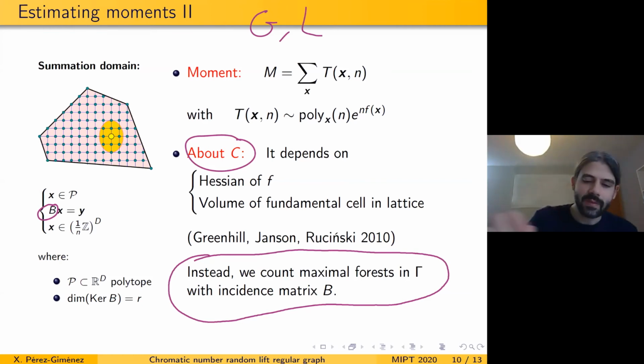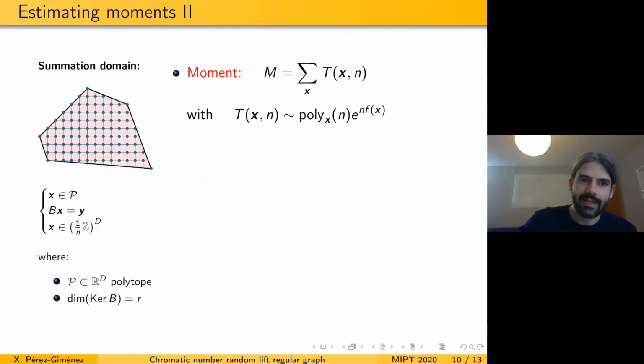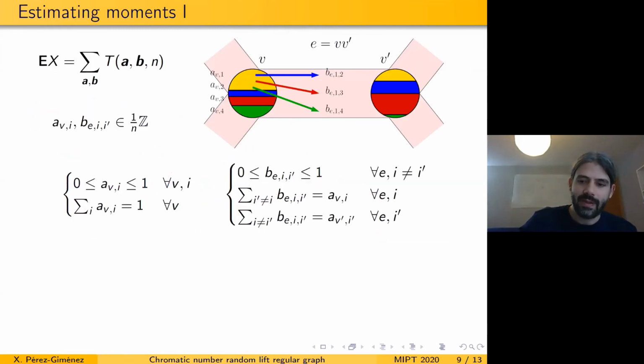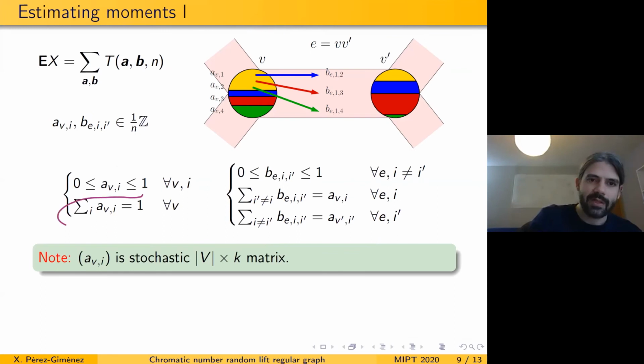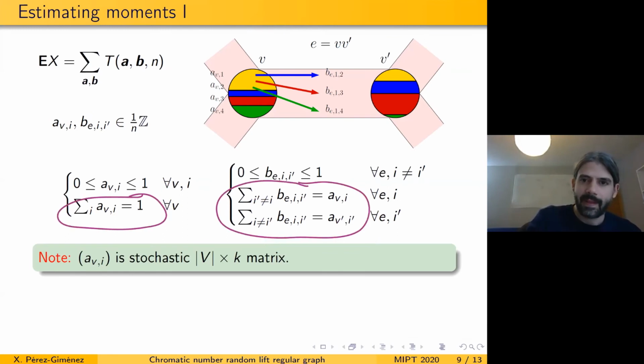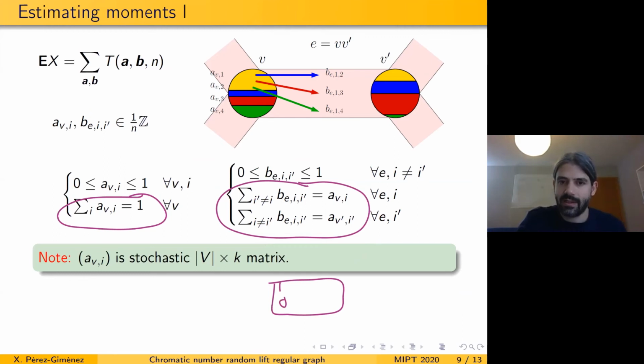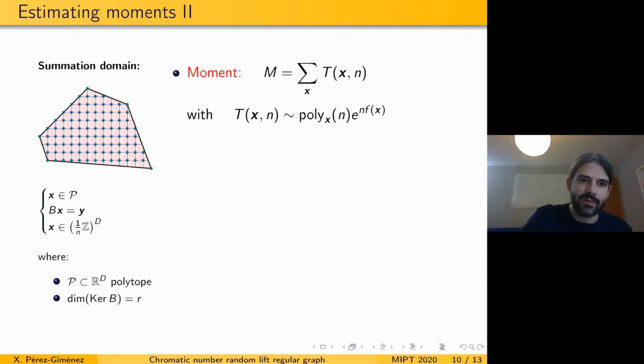So remember this B, and I'm going to travel back in time, it basically came from the constraints; it is the matrix of the linear constraints of the parameters that we're summing over. These equations have ones and zeros as coefficients, so the matrix of this system of constraints has only zeros and ones. So we look at that as the incidence matrix of some graph.